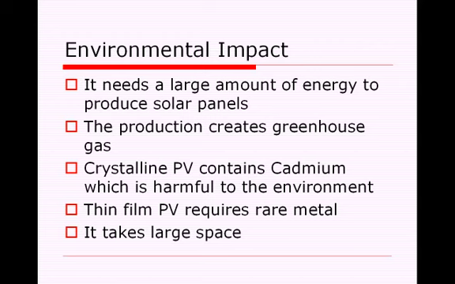And crystalline PV contains cadmium, which is harmful to the environment, and it might cause cadmium poisoning. And thin film PV requires rare metals, and PV panels take large space. For example, it takes 1 square kilometer of solar panels to produce 20 to 60 megawatts.